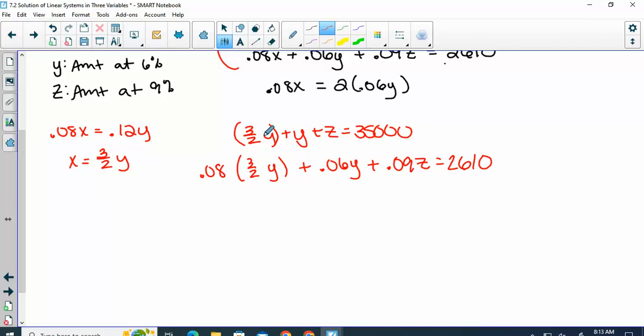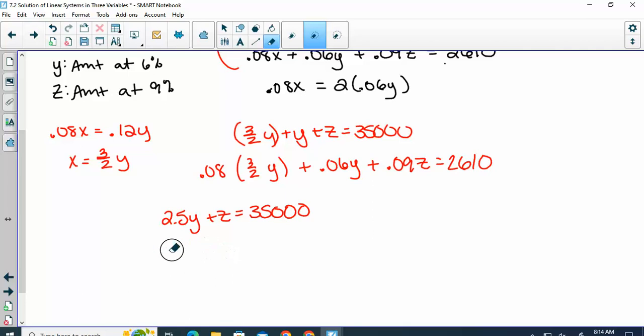So 3/2, that's 1.5, plus 1, so we would get 2.5y plus z equals 35,000. 0.08 times 3/2 is 0.12. This is 0.12y plus the 0.06y. So that's 0.15.